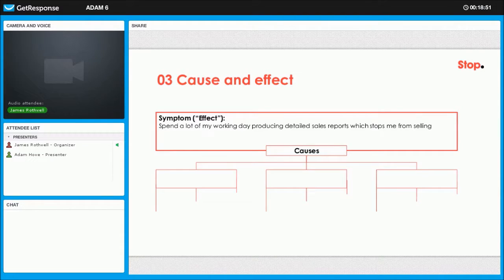So quite simply, in the symptom or effect box at the top, we're articulating the symptom that we came up with in step 1, qualified and quantified in step 2. And then what we're looking to do is ask what's driving that. So many people would have come across 5 whys or 3 whys or however many whys. What we're looking to do is ask what's driving that, what's driving that, what's driving that.